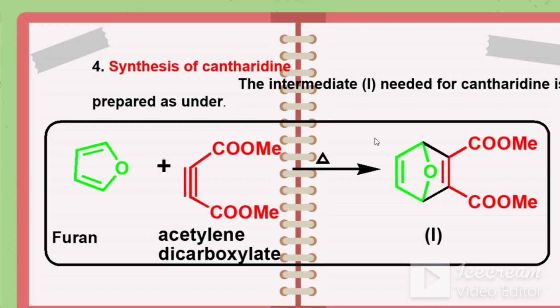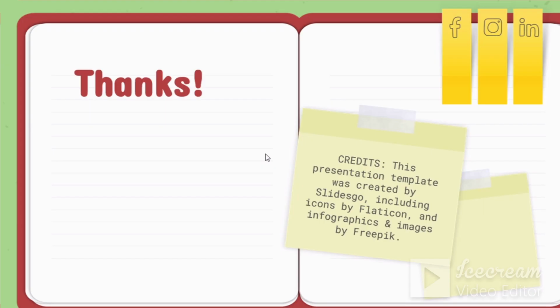And the fourth application is synthesis of cantharidin. Furan reacts with acetylene dicarboxylate to form this intermediate, and this intermediate is very important for the synthesis of cantharidin. Thank you.